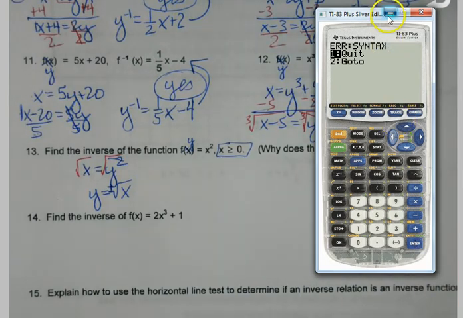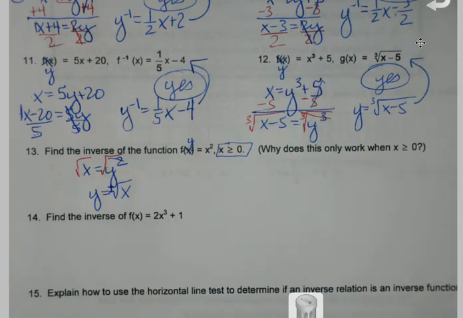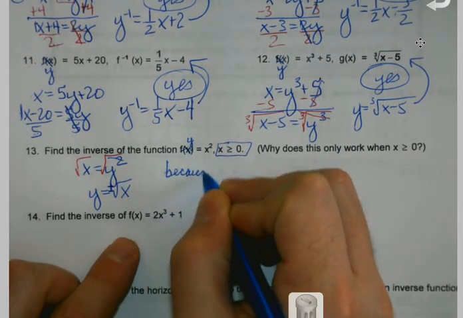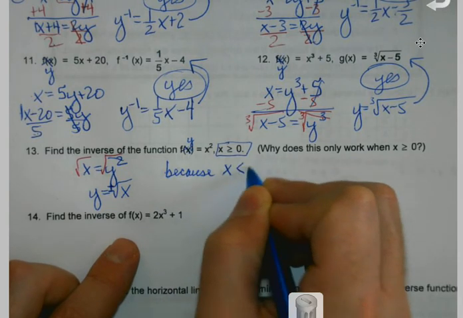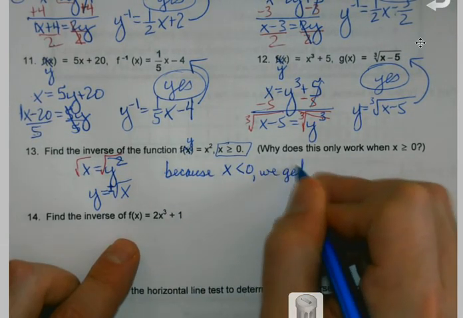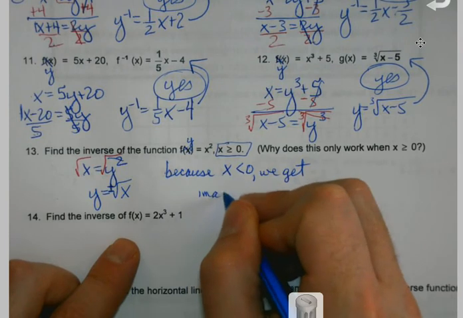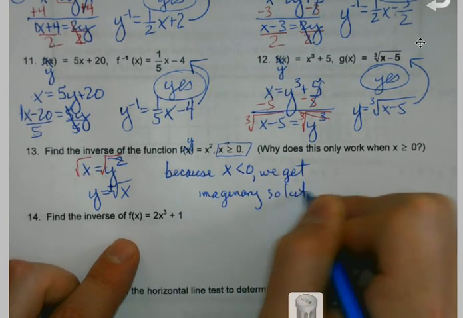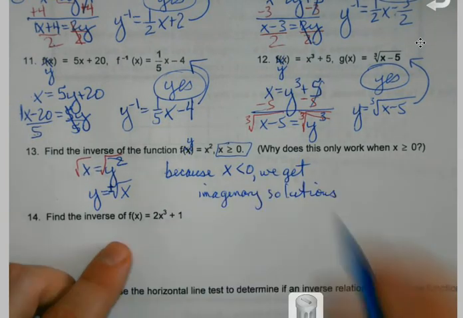So when we talk about why it only works when x is greater than or equal to 0, it's because if x is less than 0, we end up with imaginary solutions. And I can't graph imaginary solutions anywhere, and all of these are going to be graphable.